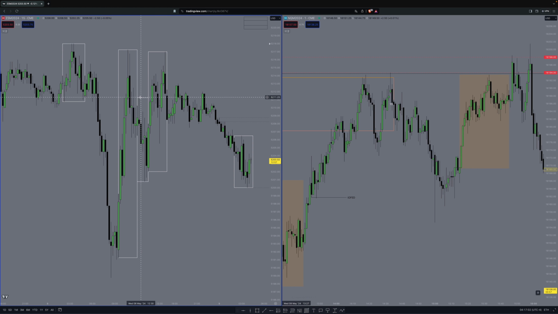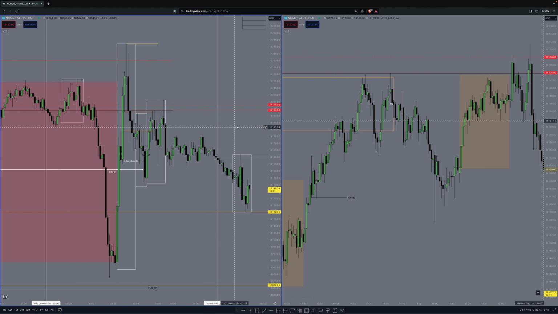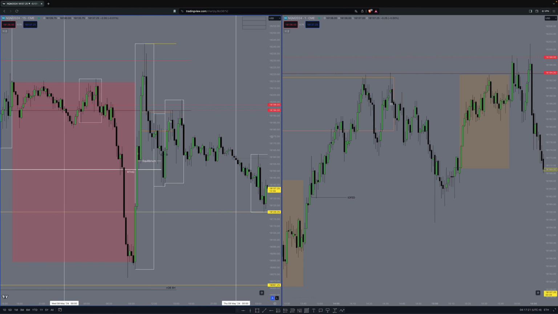I know it's not technically an SMT, but you can see how ES just runs more than NQ, and it's also one of the reasons why I got the trade. Yes, that's basically it. Small win, but I'm happy with it.